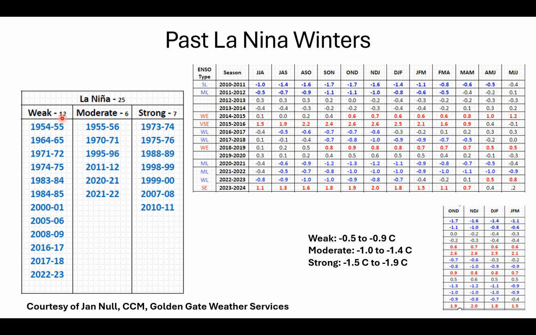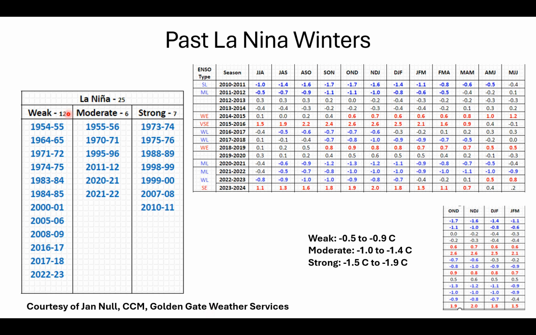We've seen 12 weak La Ninas, 6 moderate La Ninas, and 7 strong La Ninas. And by the way, these graphics are courtesy of Jan Null, CCM, Golden Gate Weather Services. That's where I pulled these charts from.